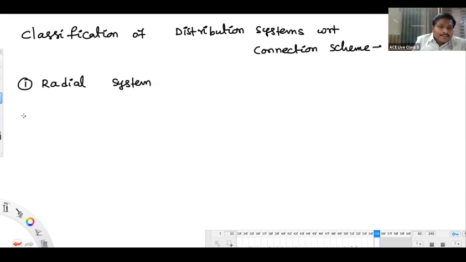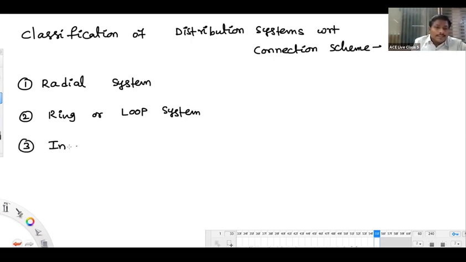Second one, ring or loop distribution system. Third one, interconnected system. So let's take the first one, radial system.